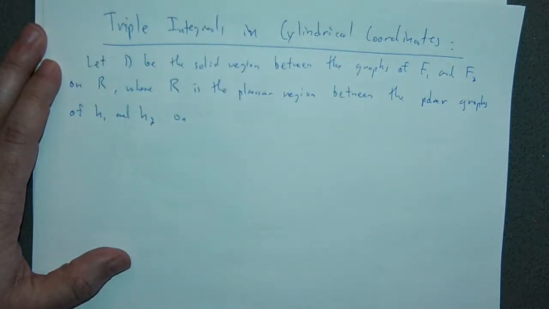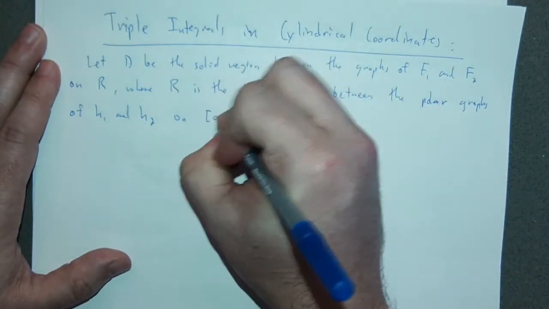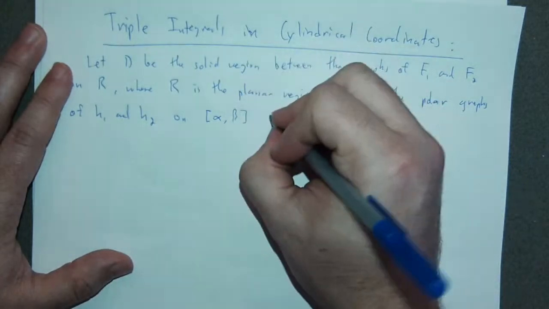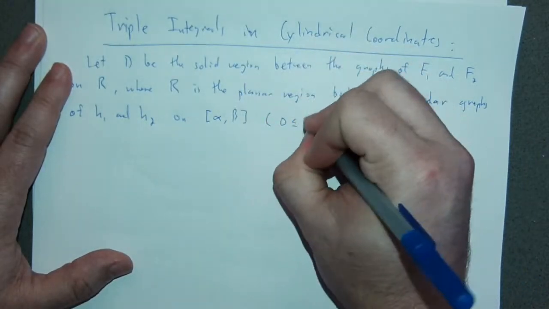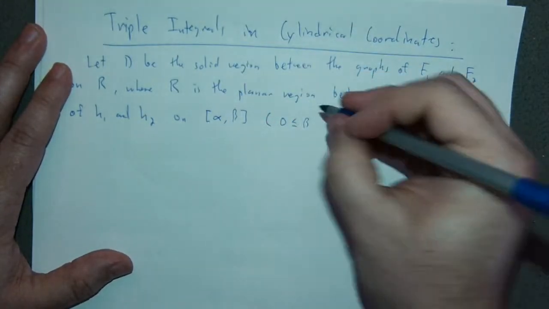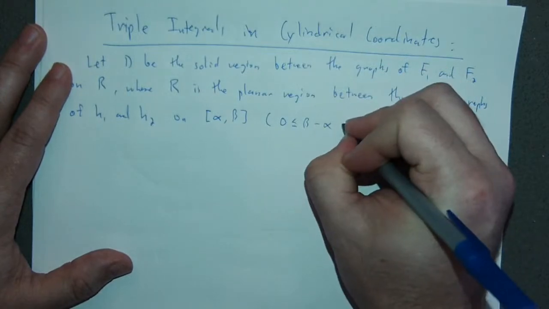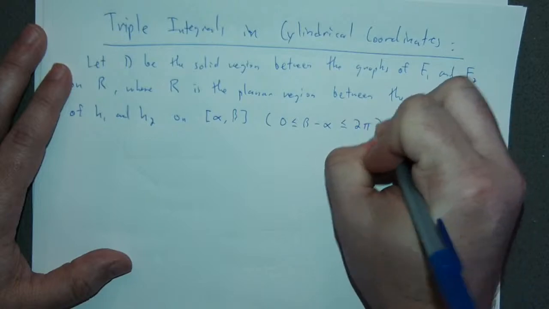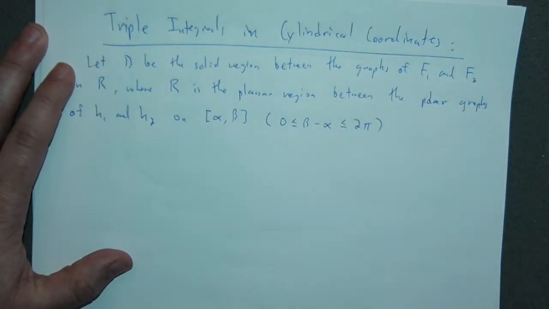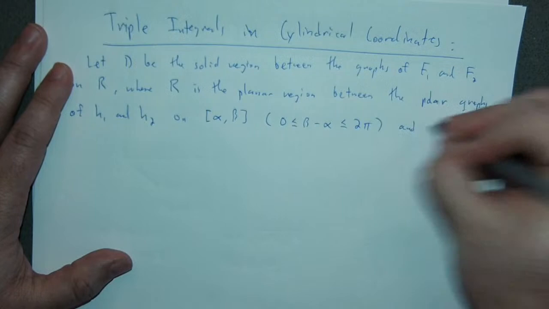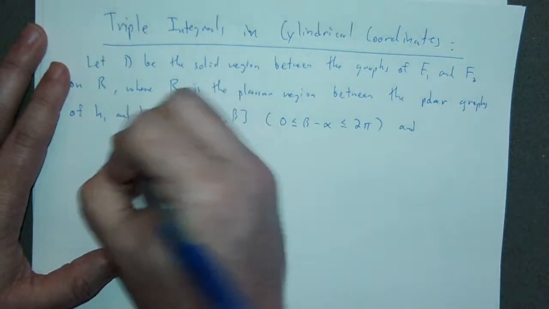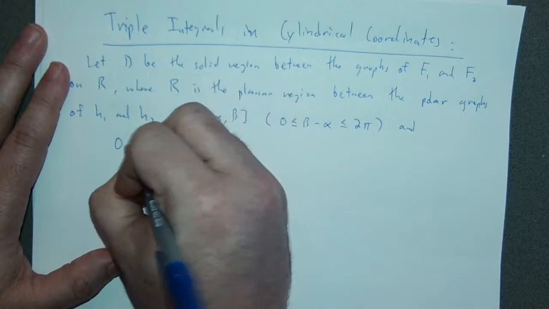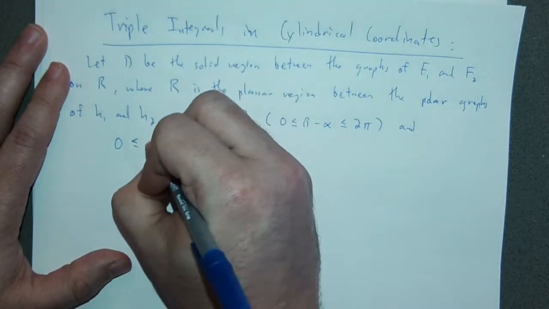on the closed interval alpha beta, where, remember, these are angular values, so we want the difference between beta and alpha to be between 0 and 2 pi so that they make sense as angles. And these functions of theta are bounded below by 0.